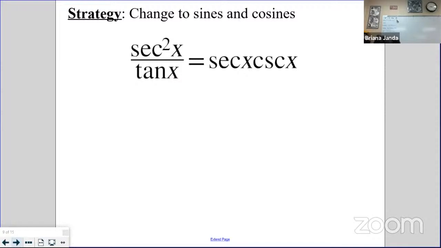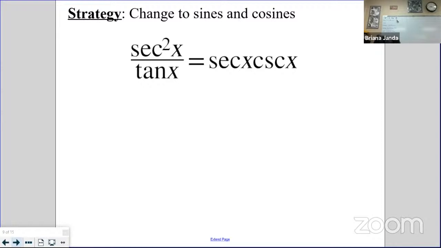Another strategy, another version of that same strategy, I should say. Changing secant squared x tangent x to secant x cosecant x. Not super obvious right now which one of these is more complex. I'm going to work with the left-hand side again.